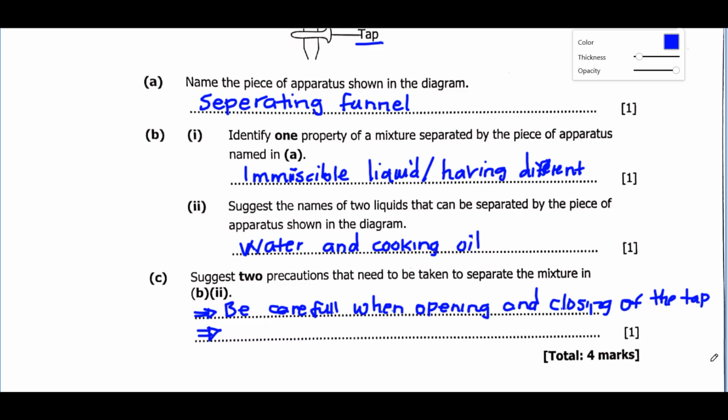So in observing, you need to make sure that you are able to see the two different layers. So observe at a good angle. Make sure you are able to see the two distinct layers.